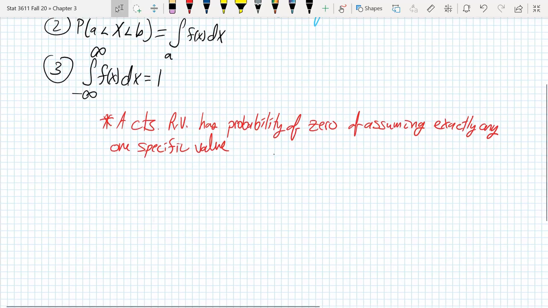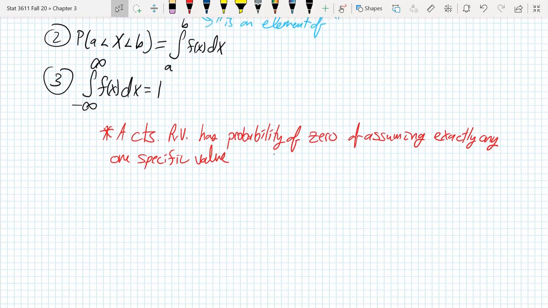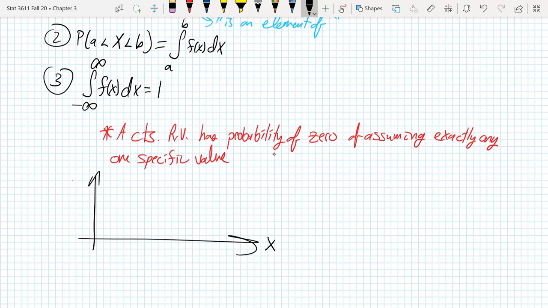One of the easiest ways to see that is if we take a look at this definition in a graphical sense. In the continuous case, graphing your PDFs, I'm just going to make an arbitrary curve here, something like this. Graphically, then the probability would be the area under the curve.